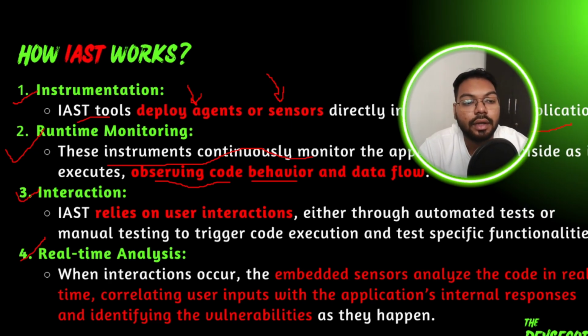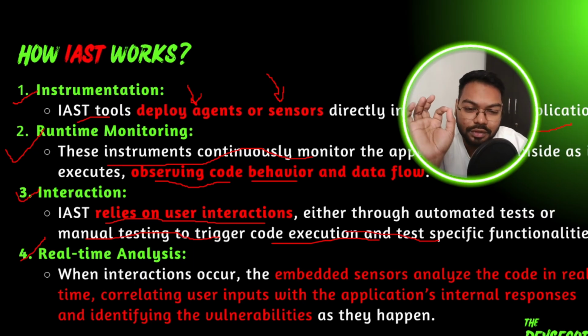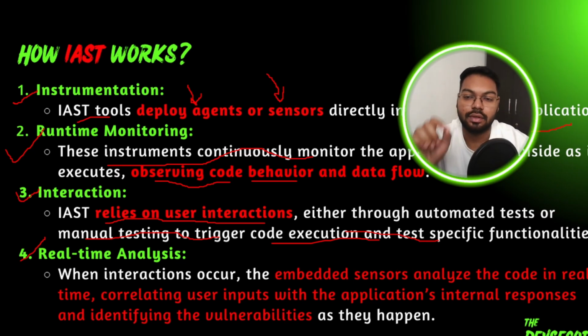Then it interacts with the application. It relies on user interactions, either through automated tests or manual testing, to trigger the code execution and test specific functionalities. As I mentioned, it would rely either on you or on an automated test case suite: click this button, enter this input, and then click that button, submit this thing.